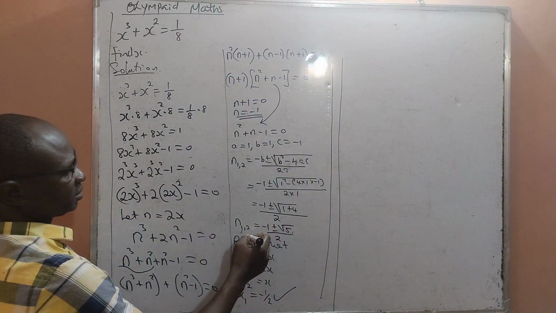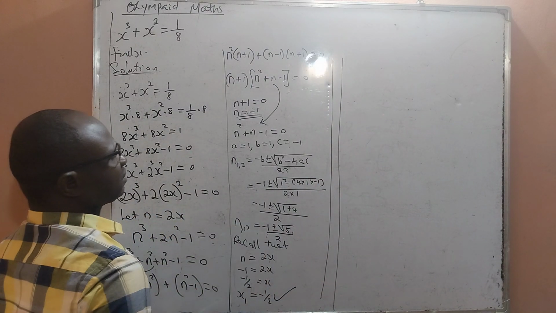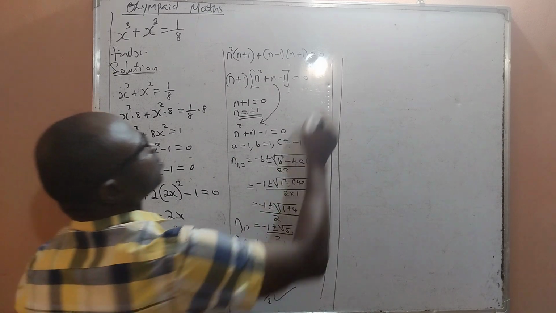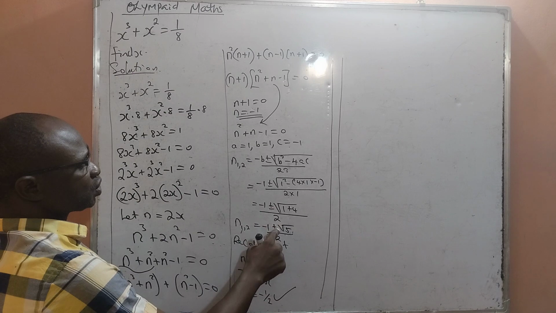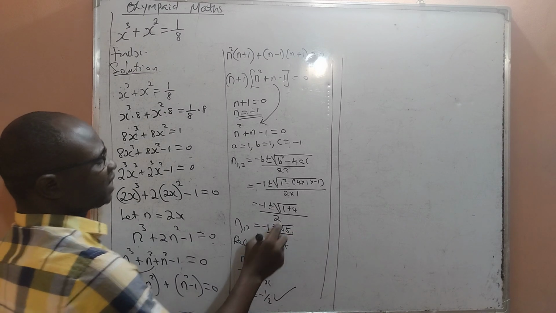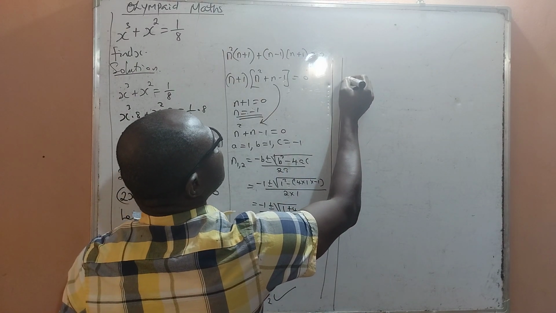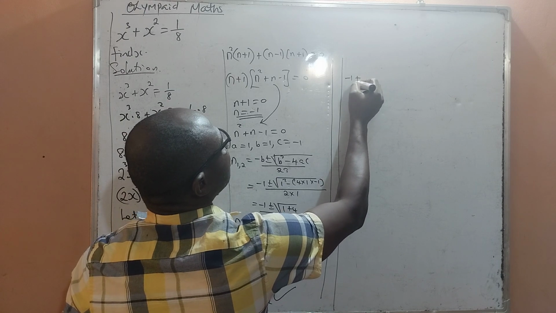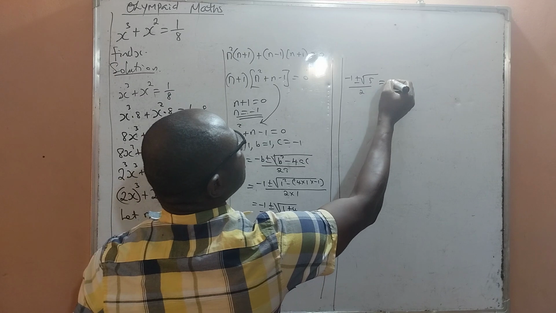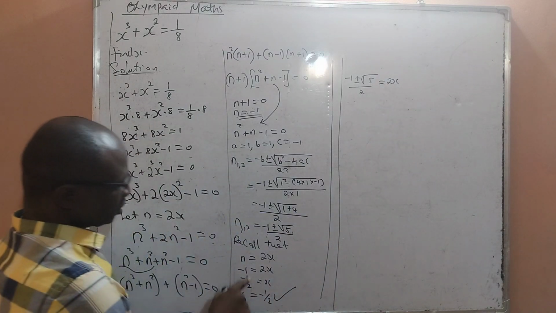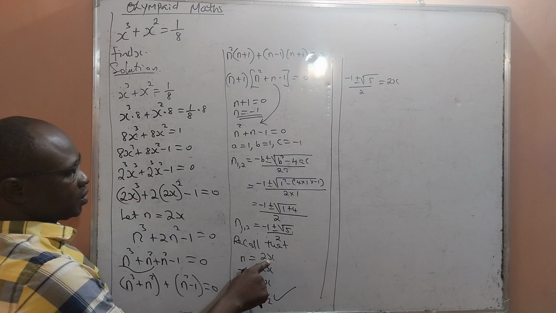From here now, I can replace also the value of n. When n is equal to minus 1 plus or minus square root of 5 divided by 2, we have minus 1 plus or minus the square root of 5 divided by 2 is equal to 2x. According to what I have here, that n is equal to this.